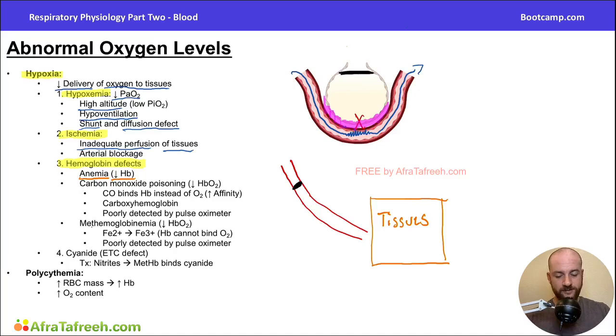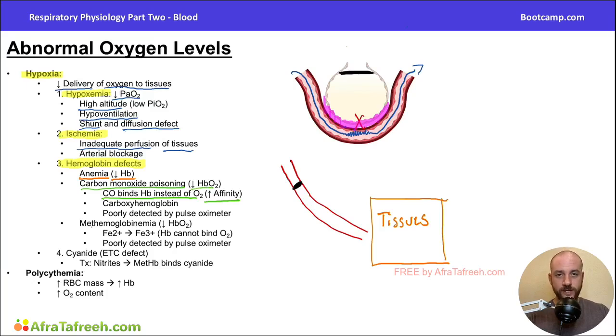The next hemoglobin defect that we're going to talk about is carbon monoxide poisoning. And carbon monoxide binds to the same site on hemoglobin that oxygen does, except carbon monoxide binds with a much higher affinity. So hemoglobin actually preferentially binds carbon monoxide instead of oxygen. And so as a result of carbon monoxide binding hemoglobin instead of oxygen, we're going to see a lot less oxygen bound to hemoglobin.